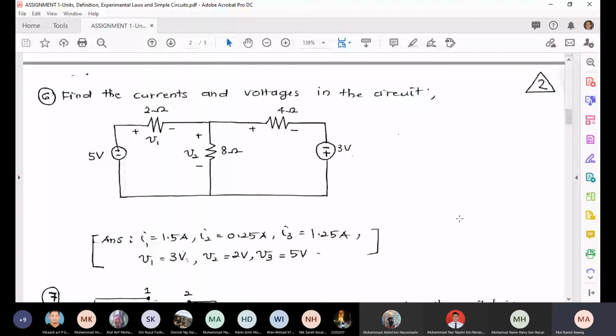Do you want hints on how to do this? Yes, sir. Okay. V2: one equation is V2 is equal to 5 volts minus V1.